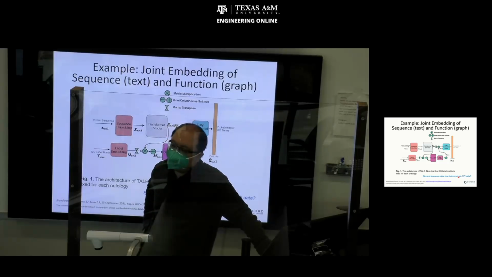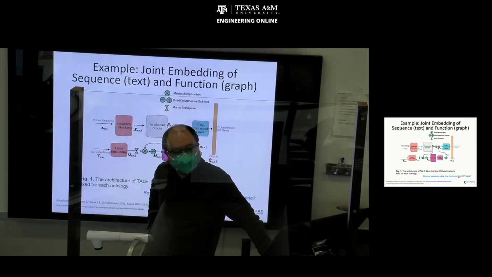And what can you use to model graph data, for instance? There are many choices, right? For instance, I can pick one of the latest hot topics, graph neural networks, right?